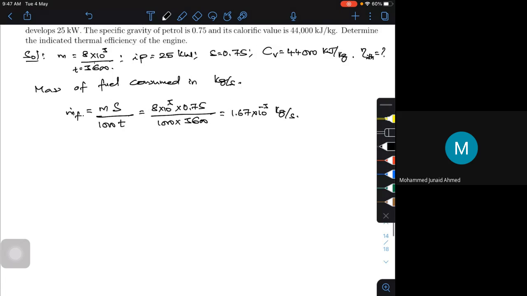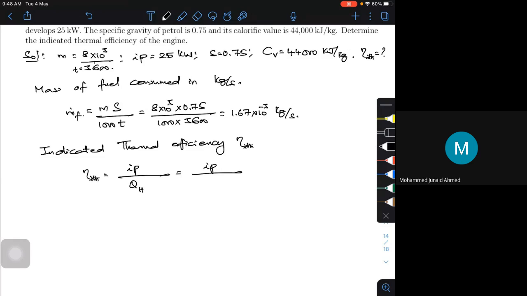Now what is your indicated thermal efficiency? The indicated thermal efficiency, eta ITH, is given by indicated power divided by heat supplied, QH. IP is given in the problem as 25 kilowatts, and the heat supplied is the mass of fuel into calorific value.